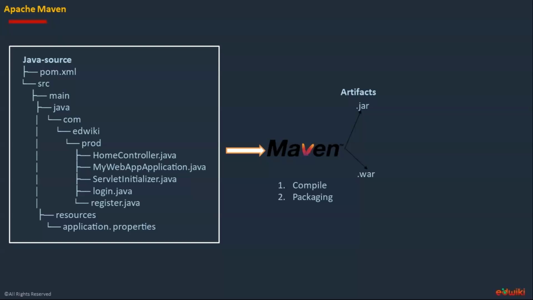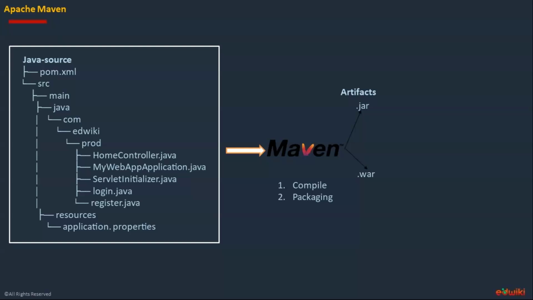Artifact is just a general terminology which says that it is the output file generated based on this process, right? Whatever Java source code files you give to Maven will create a file with a .war extension or .jar extension. It could be either of these.